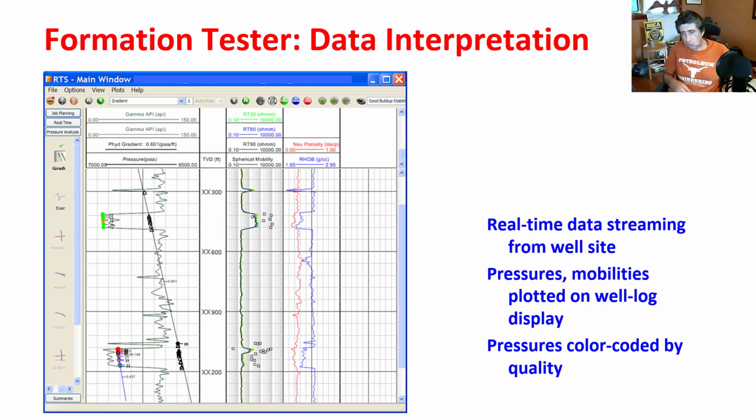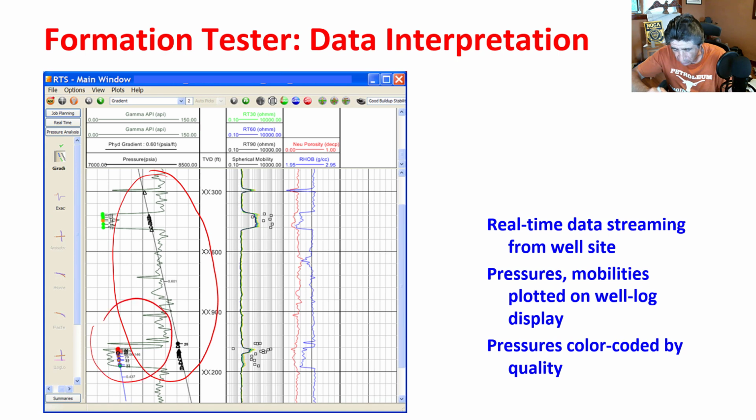After understanding the flow regimes and also the effective permeability of the rock, especially with the dual packer in very complex carbonates, we can also look at pressure gradients. And the pressure gradients will be an indication of connectivity, whether all of these formations are hydraulically connected or not, and presence or absence of pressure seals, and also presence of different fluids in the rocks.